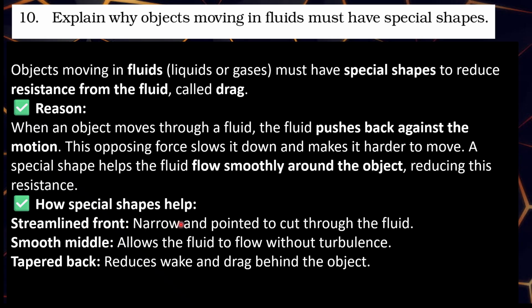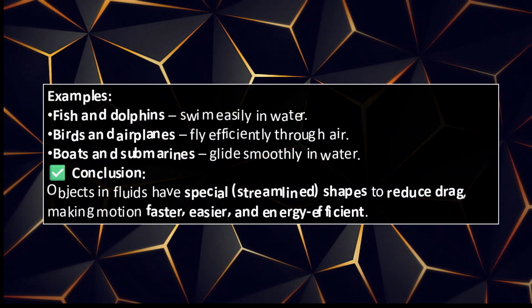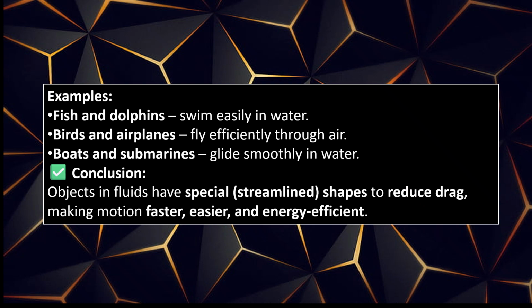How do special shapes help? A streamlined front, narrow and pointed, cuts through the fluid. A smooth middle allows the fluid to flow without turbulence. A tapered back reduces drag behind the object. Examples: fish and dolphins swim easily in water.